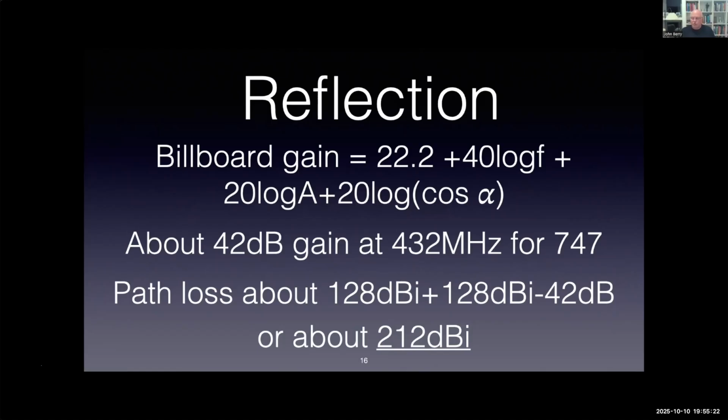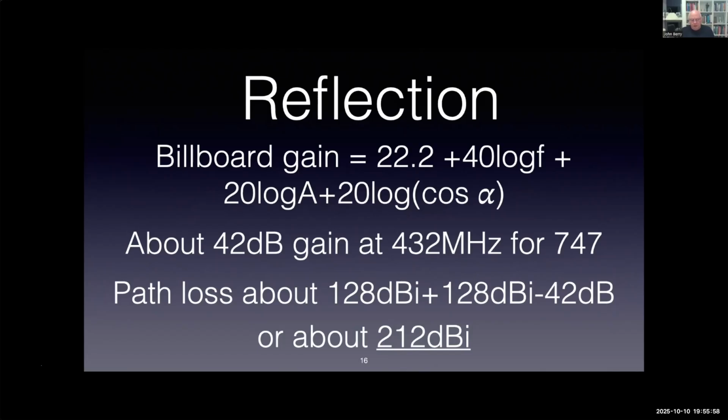And the billboard equation is here, 22.2. Forget that, that's a constant, plus 40 log F. So it depends on the frequency. And at 144 megahertz, it's not so good. 432 megahertz, it's quite good. And at 1296 megahertz, because it's going up, as the mathematicians of you will see, it's going up as F to the power of 4. So at 1296 megs, it's pretty good. So the frequency really for this stuff is 1296 megs.